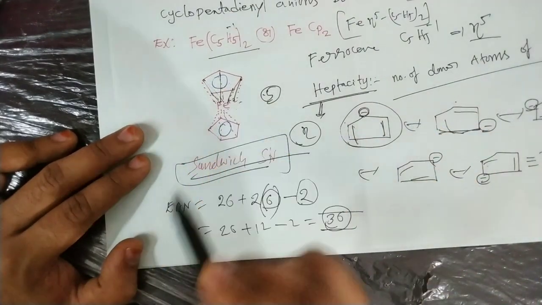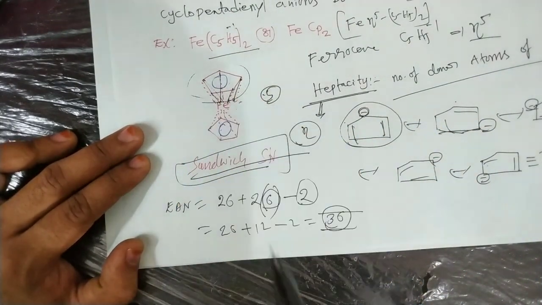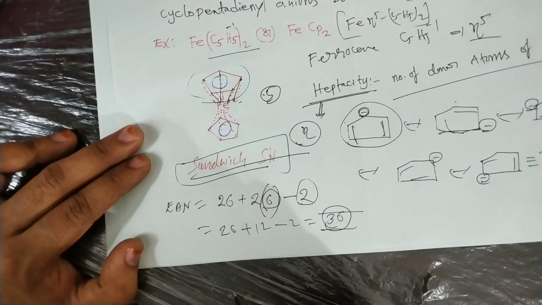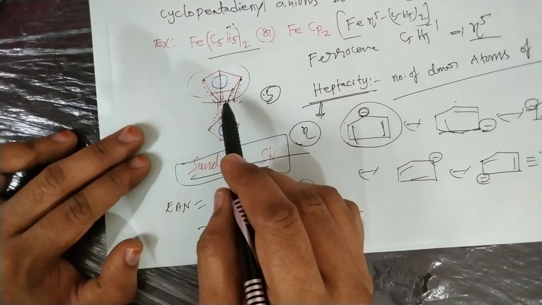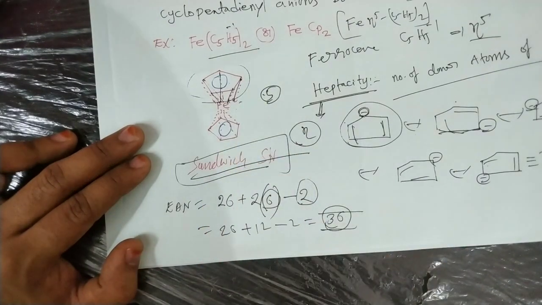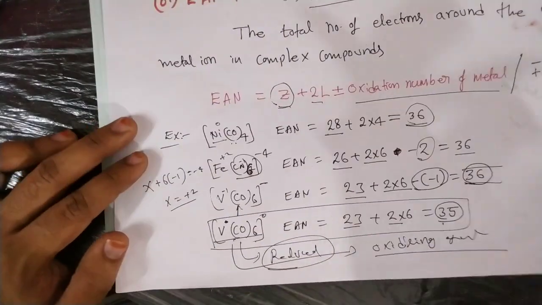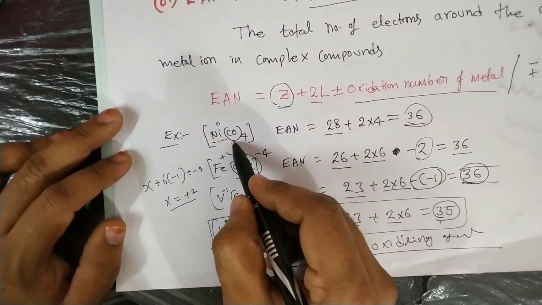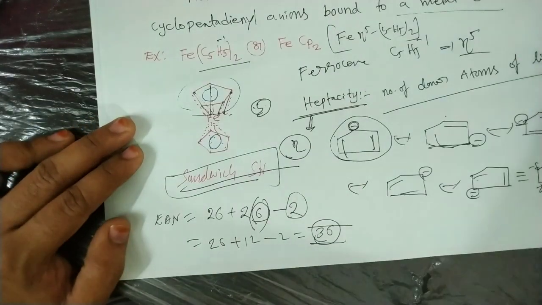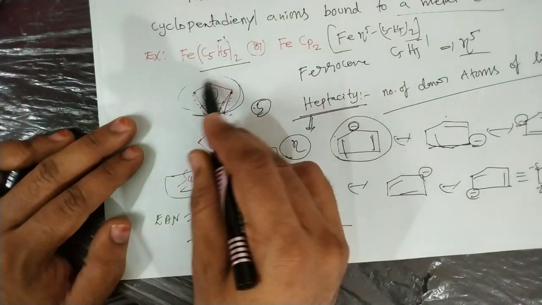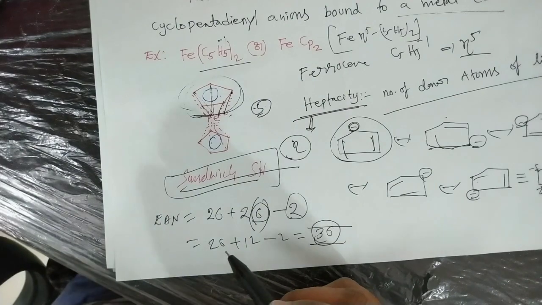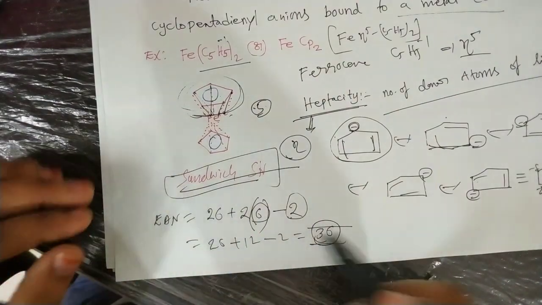So 5 carbons are involved in bonding, and it is a 6 electron donor. In this bonding, each cyclopentadienyl anion ring donates 6 electrons. Generally in simple compounds, each ligand donates 2 electrons. Similarly in this case each ring donates 6 electrons. That's why 2 into 6.